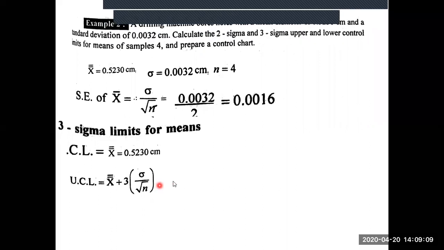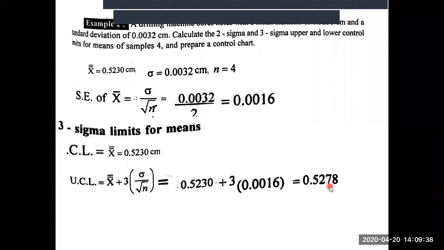Now what you have to do: x double bar is 0.5230. You write 3, and sigma by root n is 0.0016. Multiply that, and you get 0.5278 centimeters.